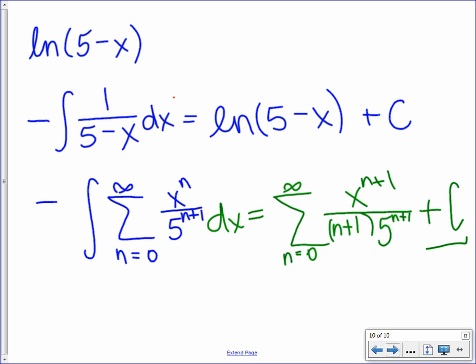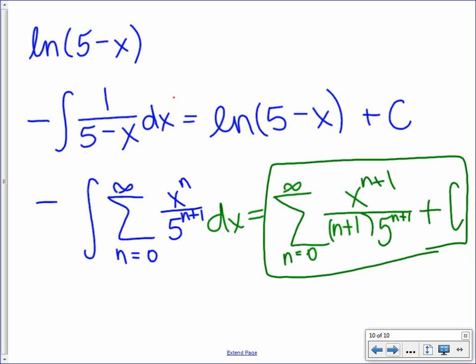Plus c. Still starting at 0, because this would give you an x to the first plus an x squared plus an x cubed. And then we can have some plus constant. We just don't know what it is. Negative, right? Good point. Negative because of this guy right here.